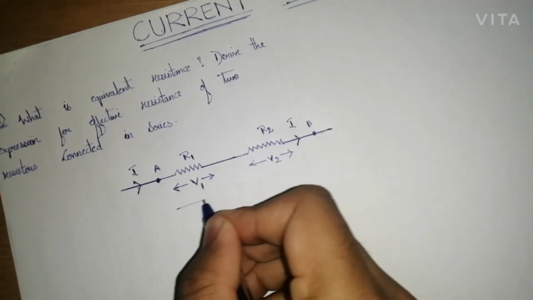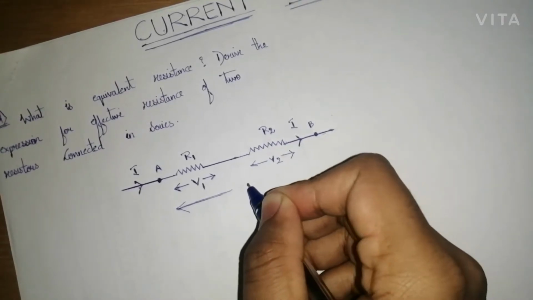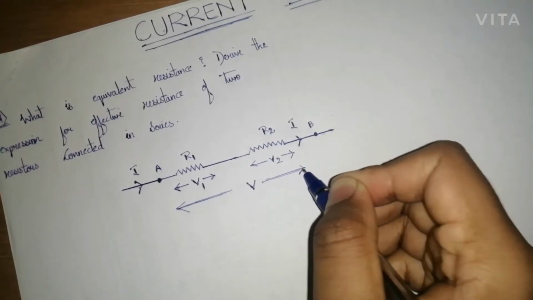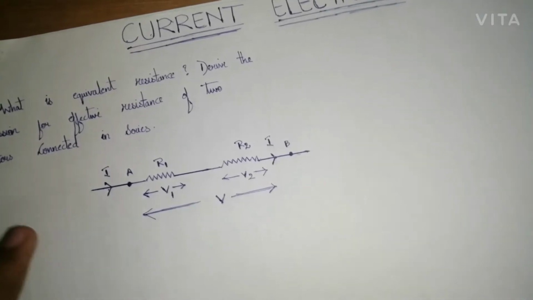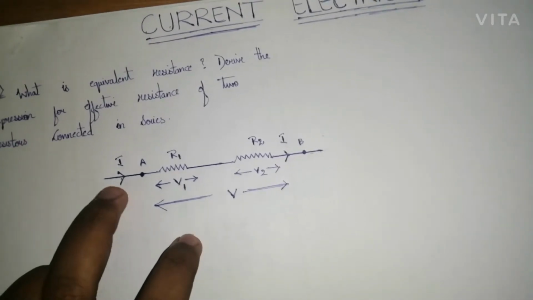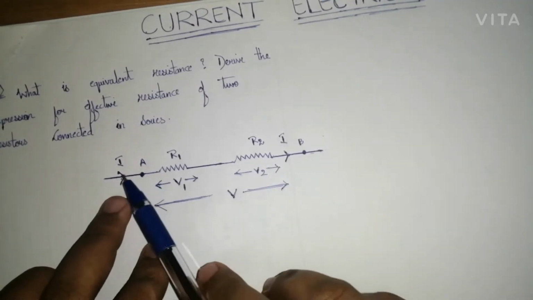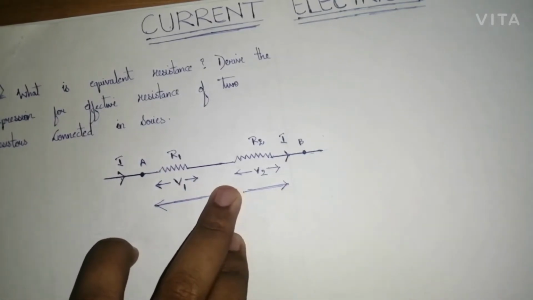Then let's call this entire network of potential V. As I told you, when the resistors are connected in series, the current should be the same flowing through R1 and R2.